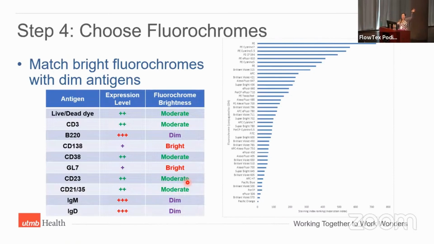If it's a bright antigen, I want a dim fluorochrome. If I put bright on bright, I'm going to get screaming, and then I can't do anything because it's off the charts. For example, CD45, I don't know how many people in my flow core put it in PE. PE is bright. CD45 is bright. Let's move it.